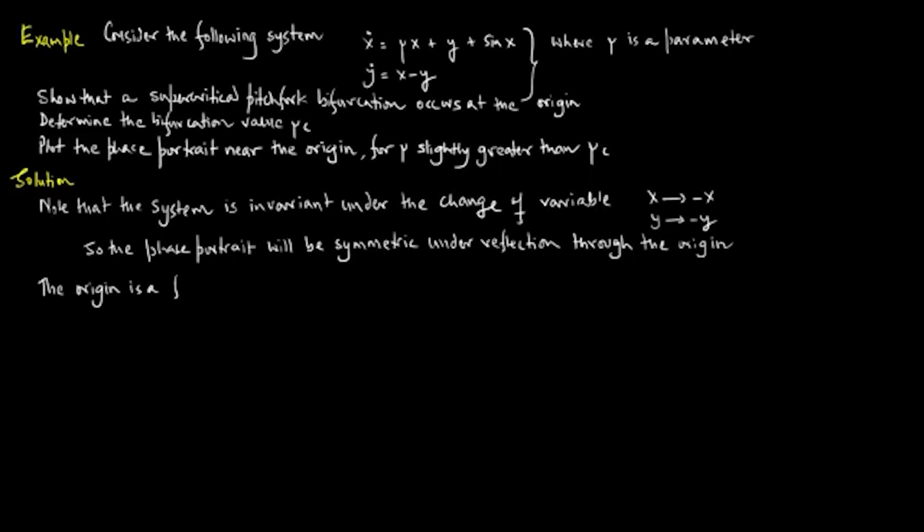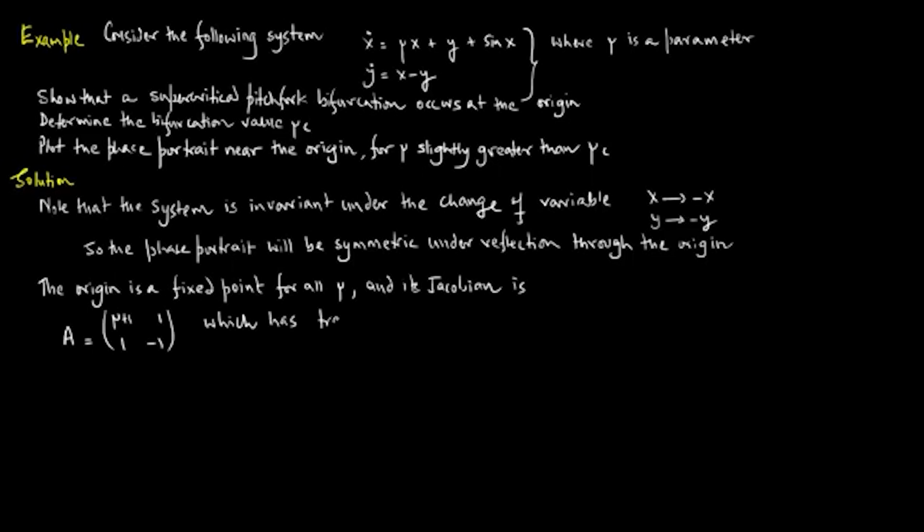The origin is in fact a fixed point for all mu, and its Jacobian is A is equal to [mu plus 1, 1; 1, minus 1], which has trace tau is equal to mu and determinant delta is equal to minus mu plus 2.